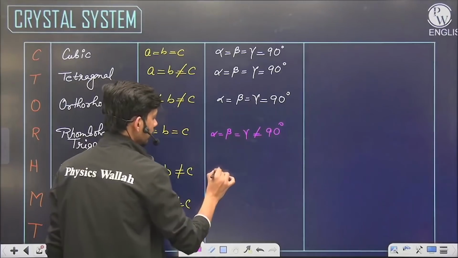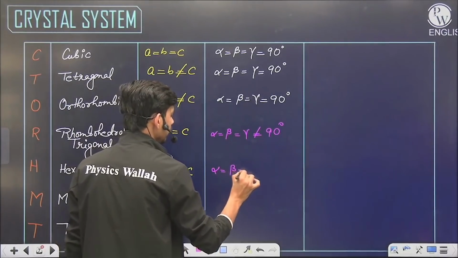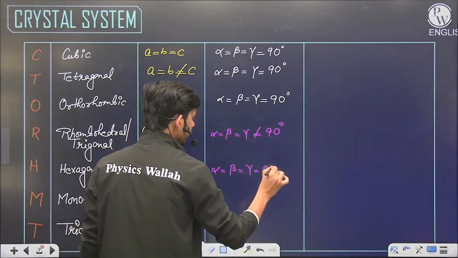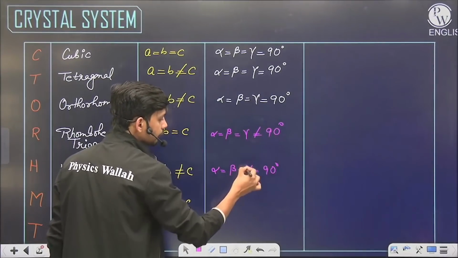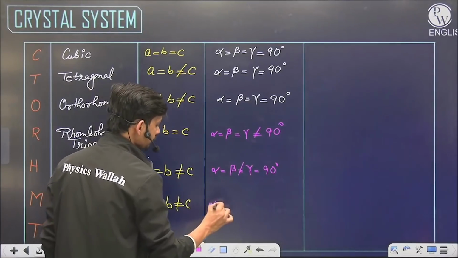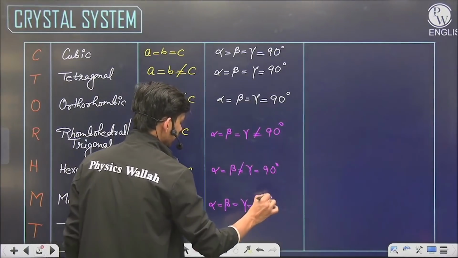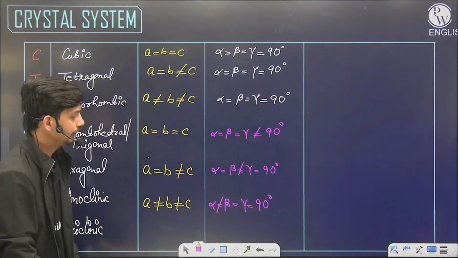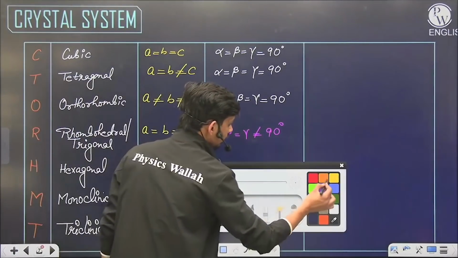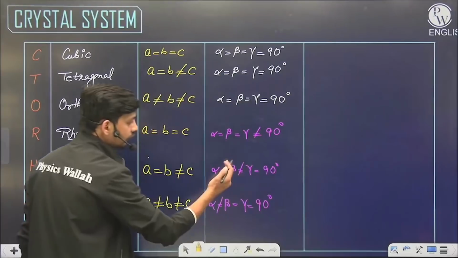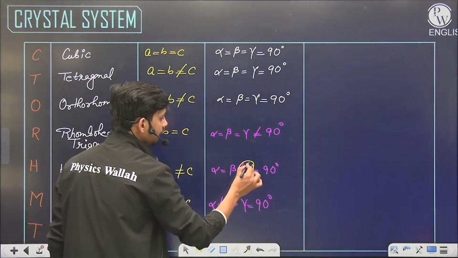Alpha, beta, gamma, 90. Now this not-equal sign is removed and this will become not equal. Alpha, gamma equal to 90 and this will become not equal to beta. And the symbol in front of which the not-equal sign is there will be taken out.